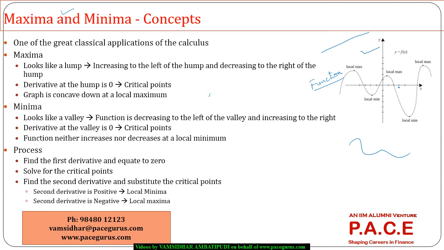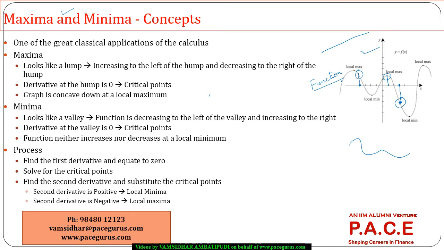If x is this much, the value of y or the function is a negative value, whereas if the value of x is this, the value of the function is a positive value here.